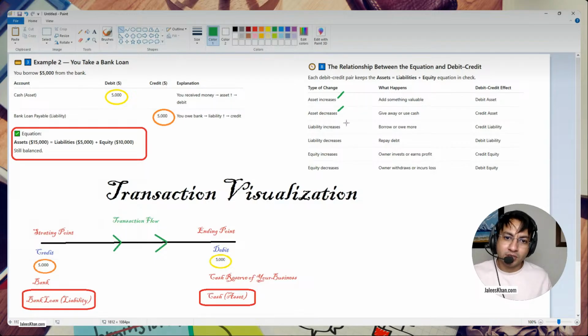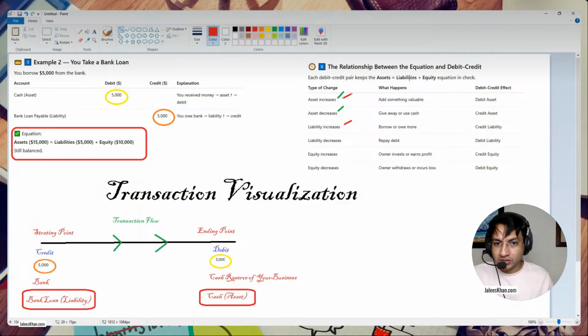Liability increasing is the starting point of the transaction, so that's why it is the credit. But the asset is also increasing here, because we are taking a loan. This increases the asset, and it also increases the liability, and these are equating in this way.